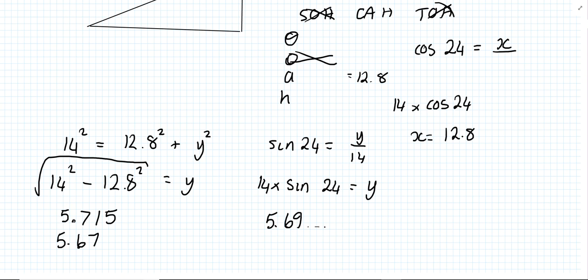What we should always do is look at the final accuracy that is required, and always work at least one level of accuracy higher than that, and never round it to less than that before you get to the final answer. So if I need it to 1 decimal place, I should always work to 2 decimal places all the way through. That's a good way of doing it. Okay, so that's all right then?